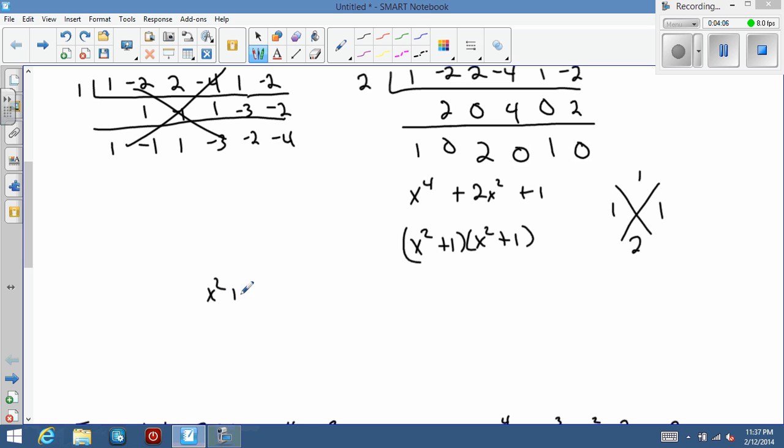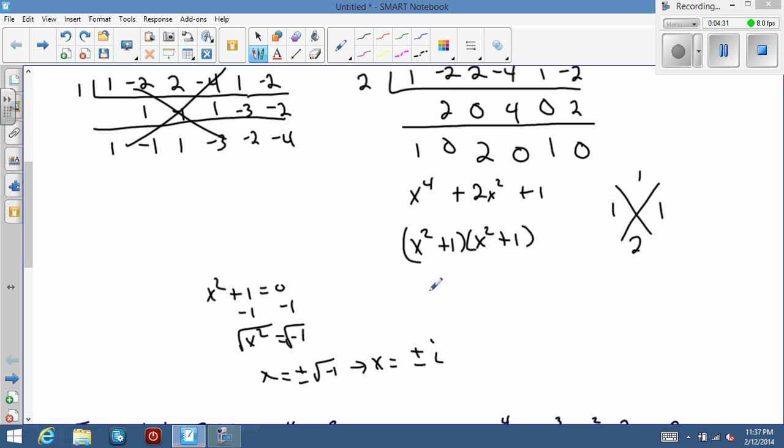So x squared plus 1 equals 0. I subtract 1. I get x squared equals negative 1. Take the square root of that, and I get x equals positive and negative square root of negative 1. And the square root of negative 1 is i. So I get x equals positive and negative i.